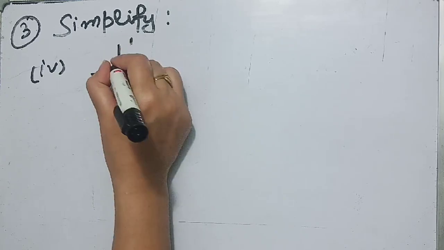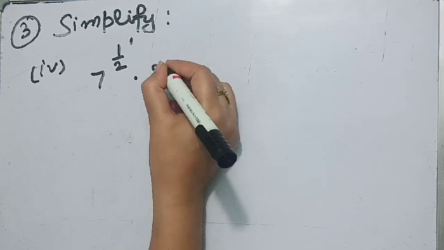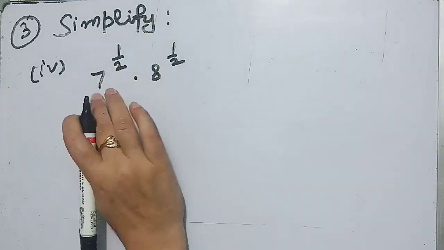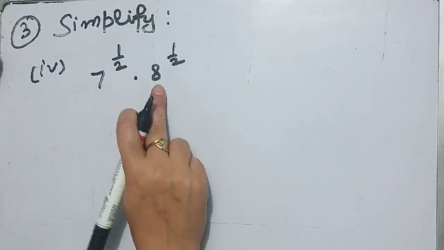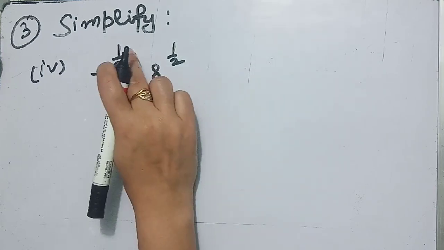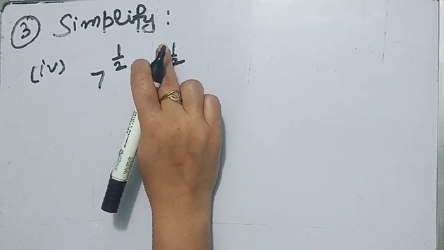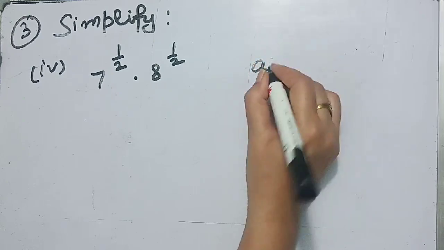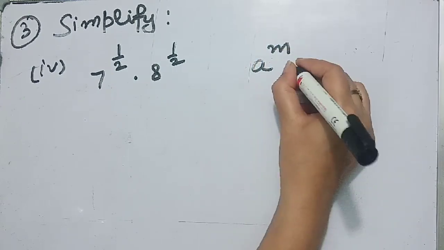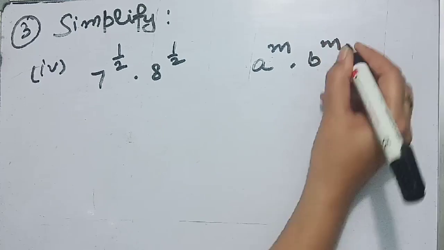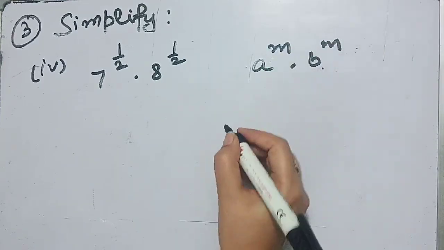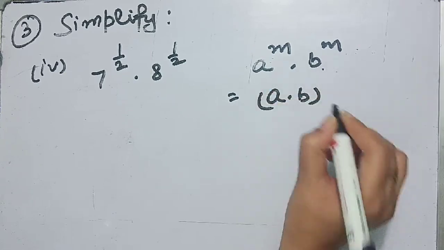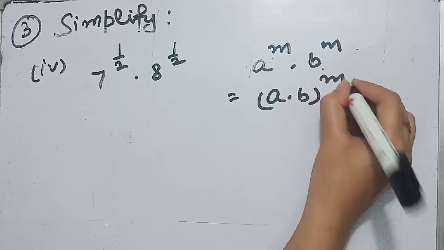Now the last question is the fourth part. 7 power 1/2 into 8 power 1/2. In this question, the bases are different and the power is the same. When the power is the same, the power can be written one time and the bases are multiplied. Means if a power m into b power m, power is the same, bases are different, then both bases will be multiplied, means a into b power m.